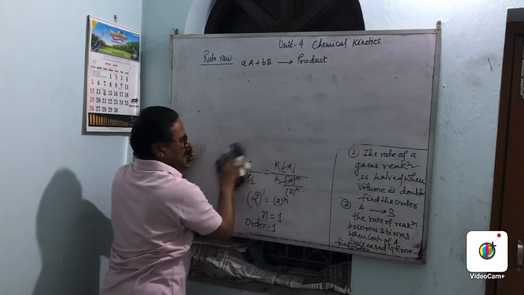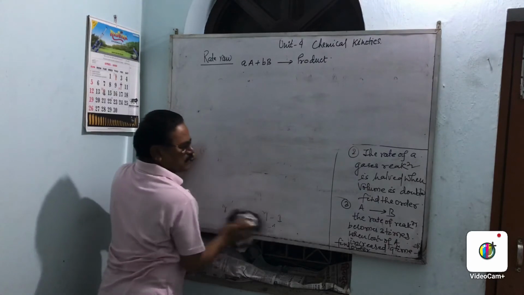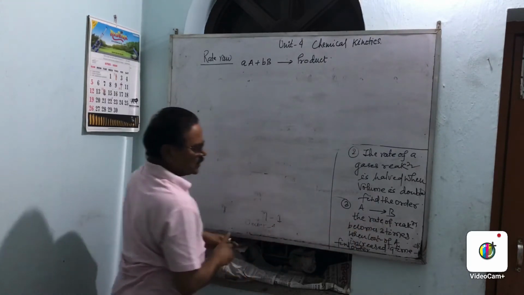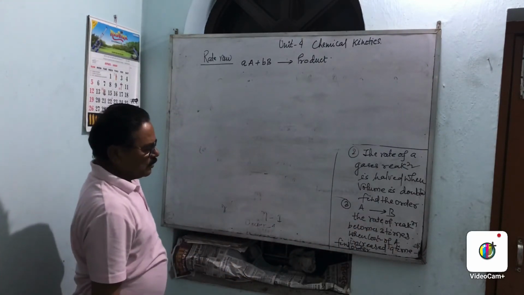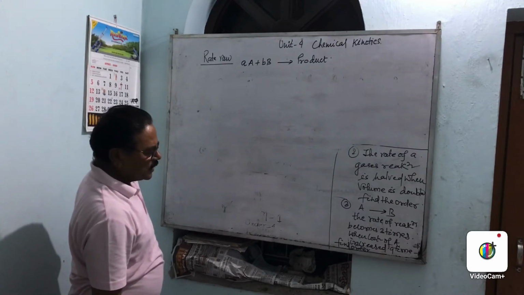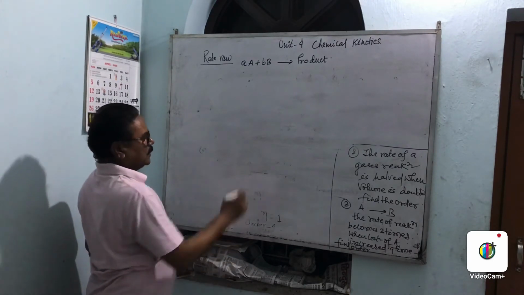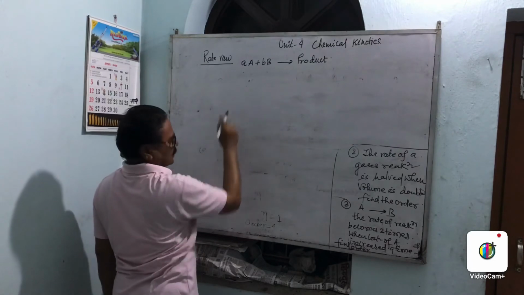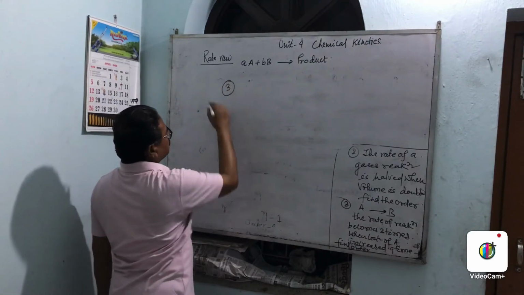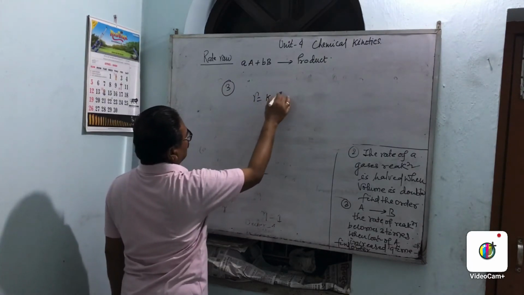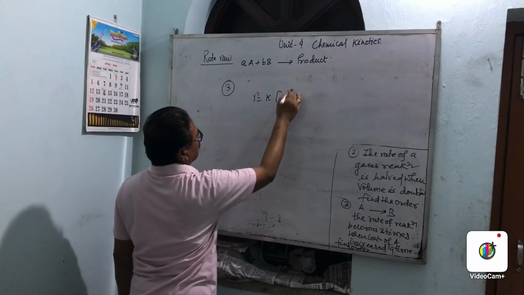So how will we solve it? You see it. The rate of a reaction becomes 3 times when the concentration of A is increased 9 times. So first you write the rate for equation 3. Rate is equal to K A to the power n.